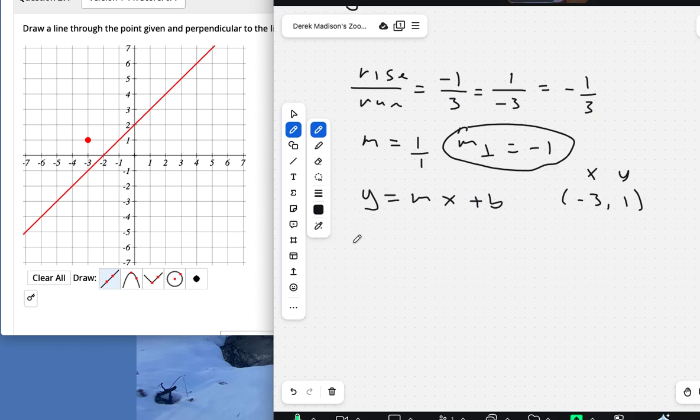So let's see what we get. y is 1, m is -1, and x is -3, plus b. So that would be +3. And then scooting that over, I would get -2 equals b when I subtract the 3 from both sides. So I should get y equals -1x, you can also write that -x, but just to emphasize it's the -1 from right there, -2 is what my equation should be.